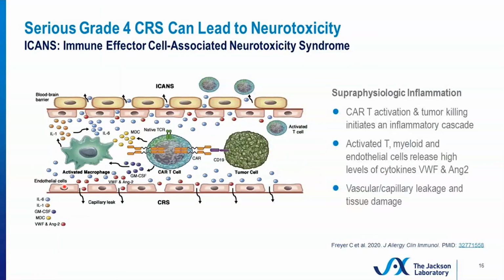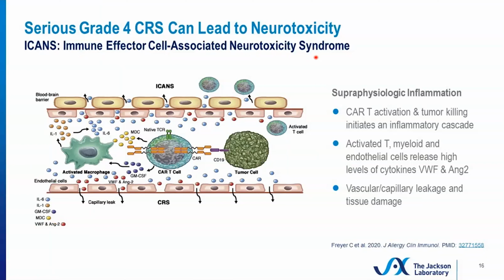And the endothelial cells can release IL-6, IL-1, GM-CSF, von Willebrand's factor, angiotensin II. That is this cascading response. You get this vascular leakage, and in the worst case scenario, you have immune cells infiltrating the brain and having an immune effector-associated neurotoxicity, et cetera.